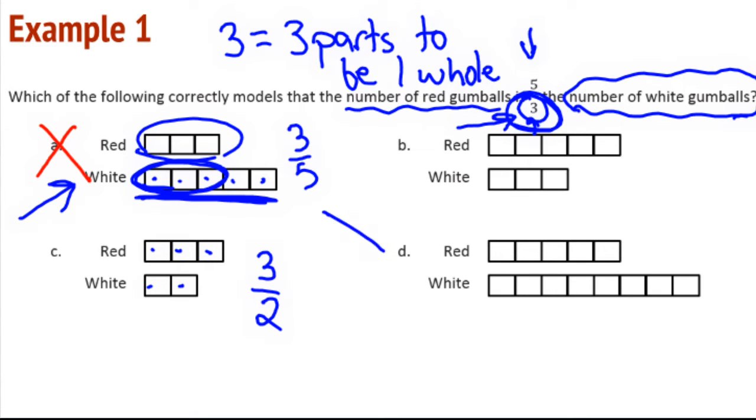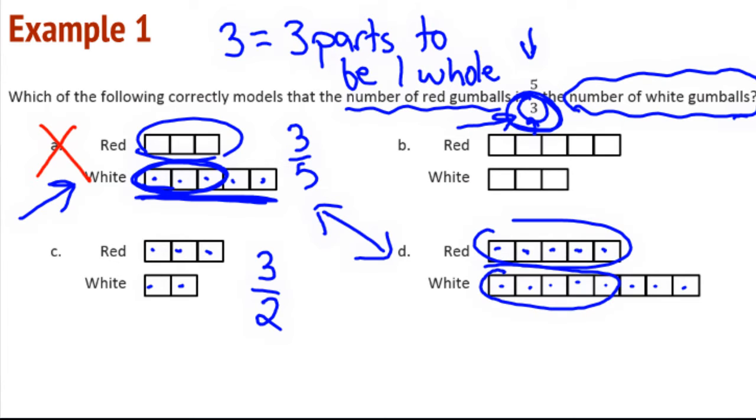Kind of the same problem I had up here with A. I should have more red than white. I should have 3 white to make a whole. 1, 2, 3, 4, 5, 6, 7, 8. Well, that doesn't look like 3 parts, does it? And on top of that, the red isn't more. 1, 2, 3, 4, 5. Now, in this case, the red is 5. That's good. But the 5 red is equal to 5/8 of the white.